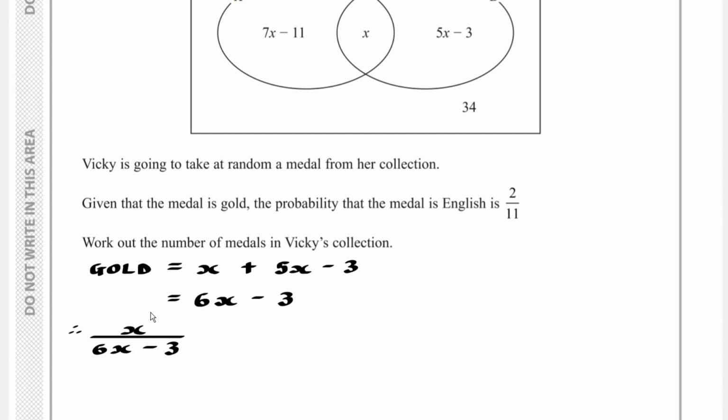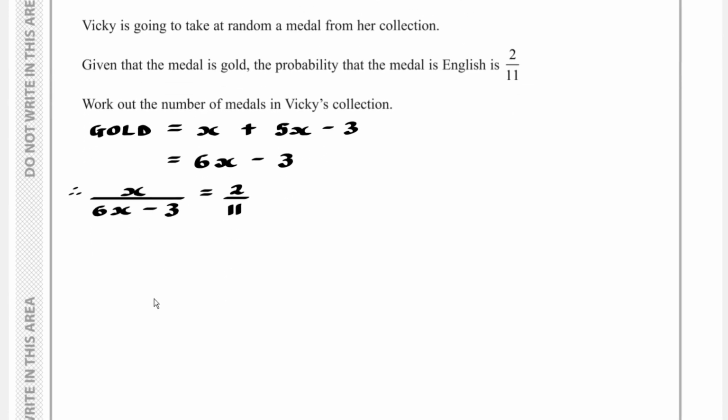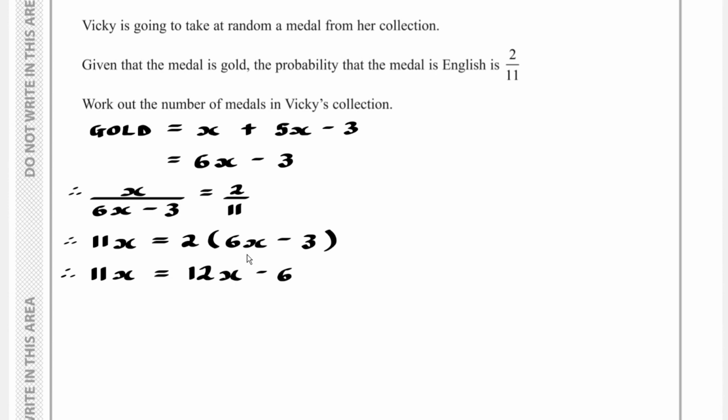This is the probability of English given gold, and this is equal to 2 over 11. So I need to solve for x. If I cross multiply, I've got 11 multiplied by x equals 2 multiplied by 6x subtract 3. So I've got 11x equals 12x subtract 6.